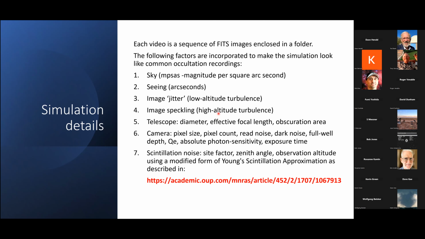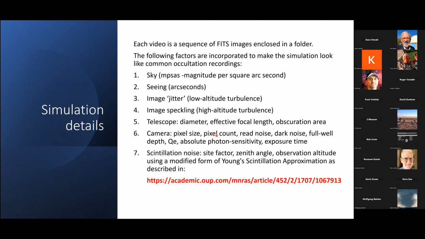Image speckling, we saw a little movie of that. We don't see that very much in the videos that we take, in part because we're undersampling. We don't have much of a chance to see image speckling. I take into account the telescope diameter, its effective focal length, its obscuration area.